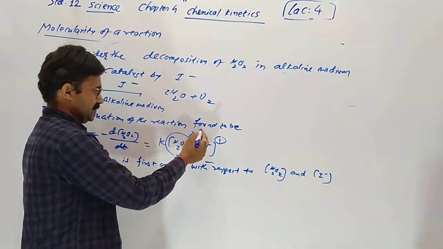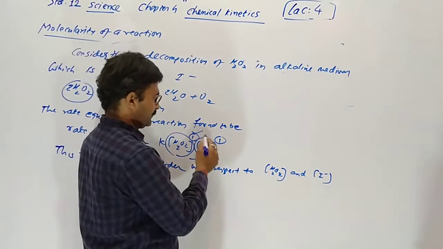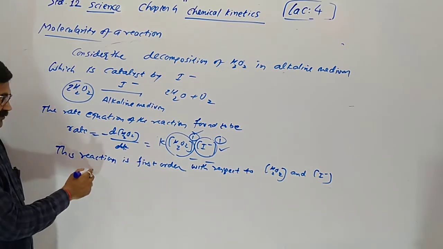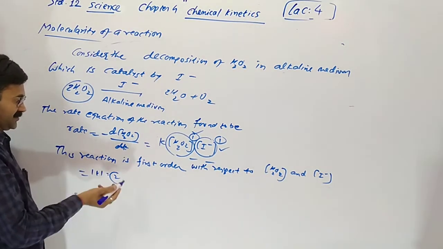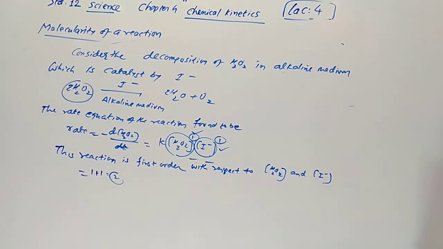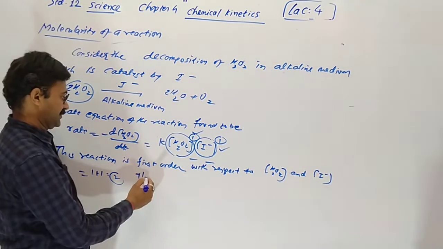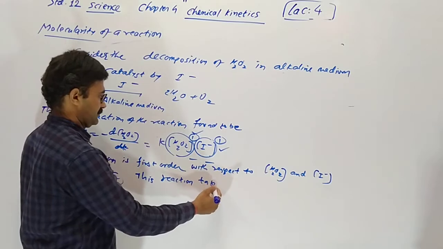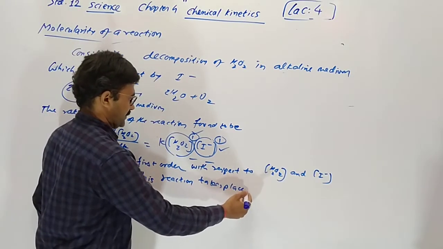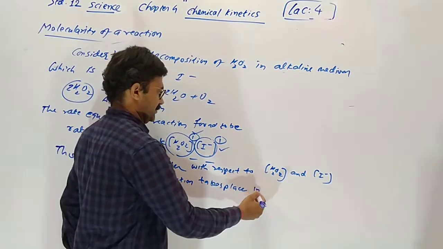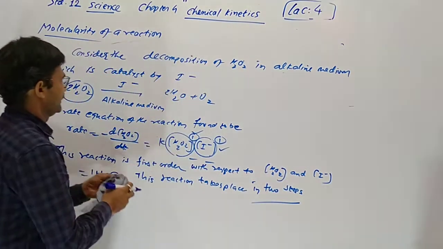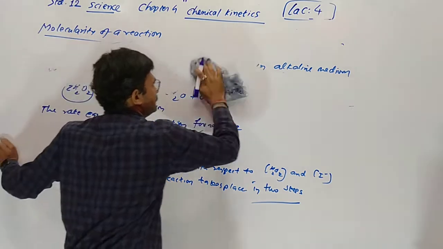With respect to H2O2 it is 1, with respect to I minus it is 1. So the total order of the reaction is 2. Actually, this reaction occurs in 2 steps.